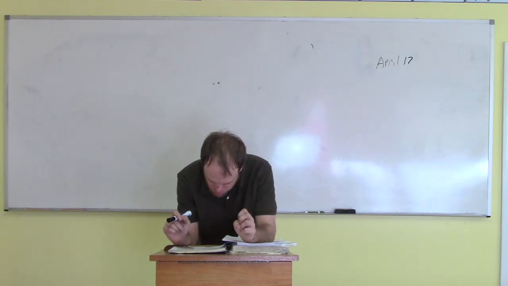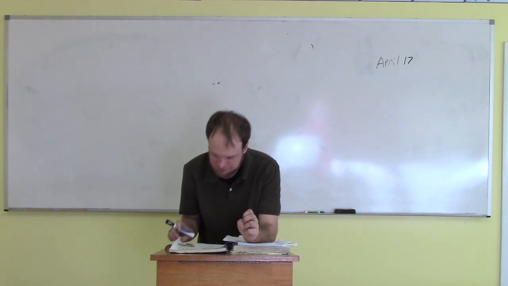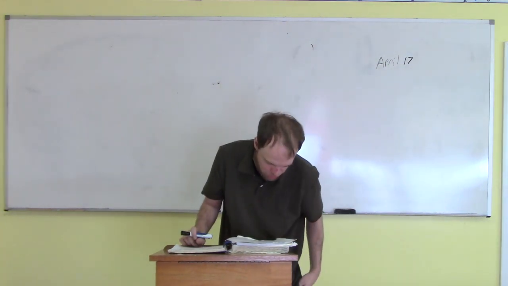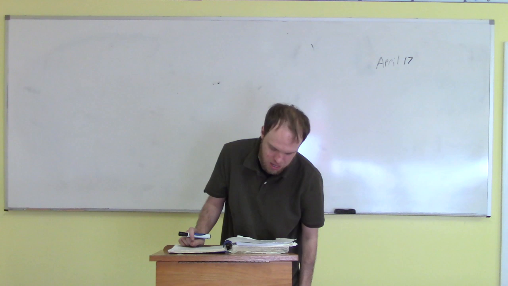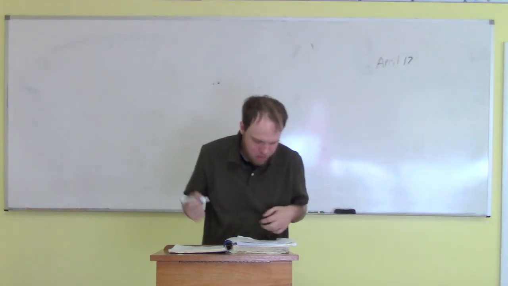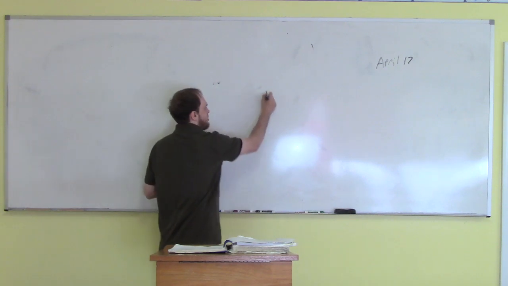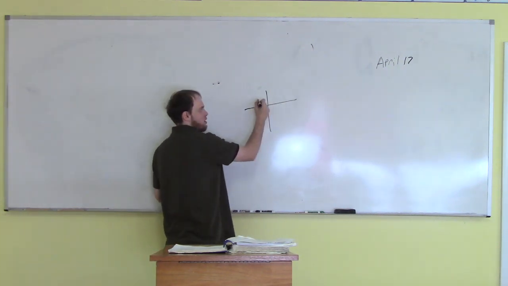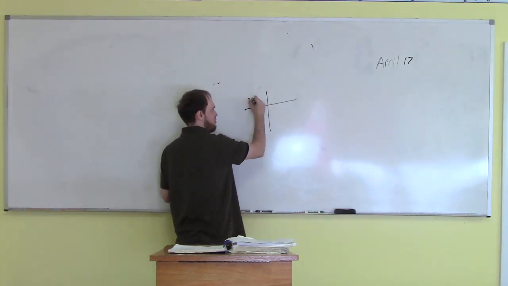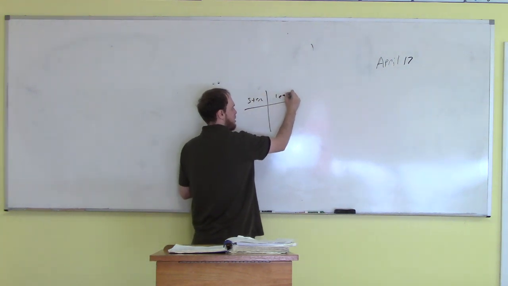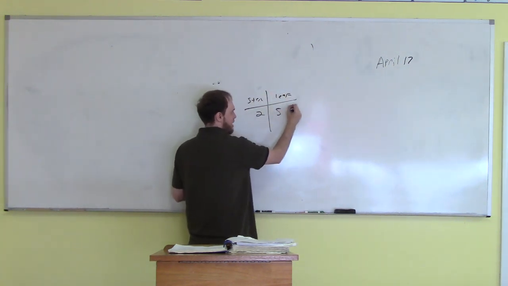Number 2 deals with a circle graph. Number 3, stem and leaf plot. Remember that a stem and leaf plot is your plot like this. Over here is going to be your stem and then your leaf. And then you're going to have like 2, 5, 6, 7.